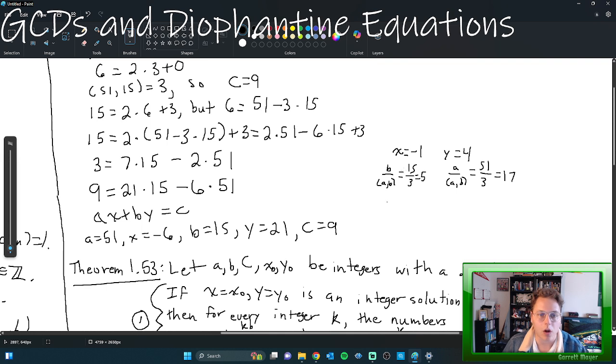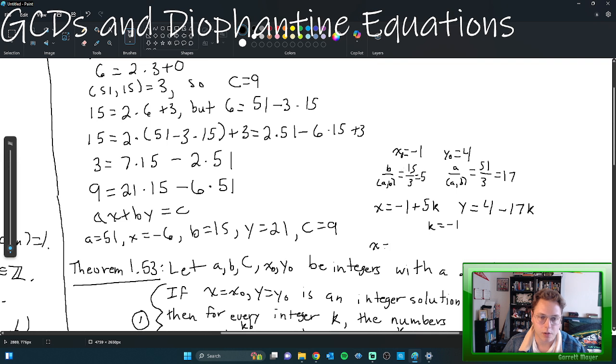So what we'll see is that all solutions to this equation follow the form x equals -1 plus 5k and y equals 4 minus 17k. So if we want to see how we got our solution from before, let's plug in k equals -1.